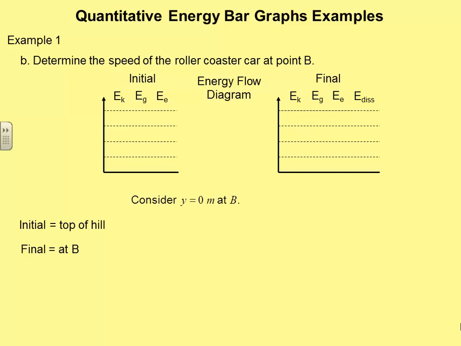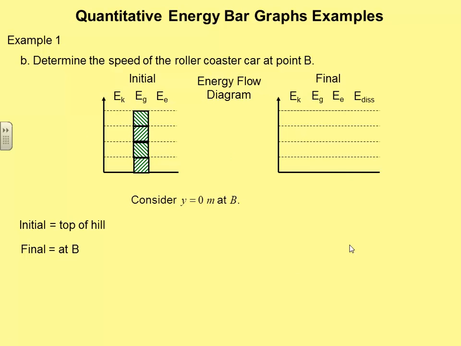Why don't we just say, let's put zero height at B? That's going to cause us to make a little conceptual change later on when we plug numbers in. But the advantage of doing this is that if we put our y equals 0 meters at B, there'll be no EG left at B. So initially, no EK because it's at rest, no EE, no springs or rubber bands or anything, so it's all EG. I'm going to call that 4 boxes again.